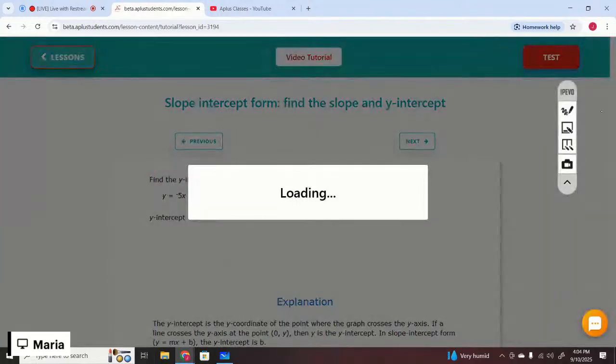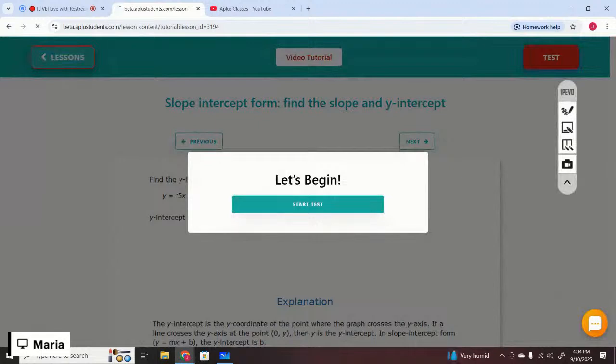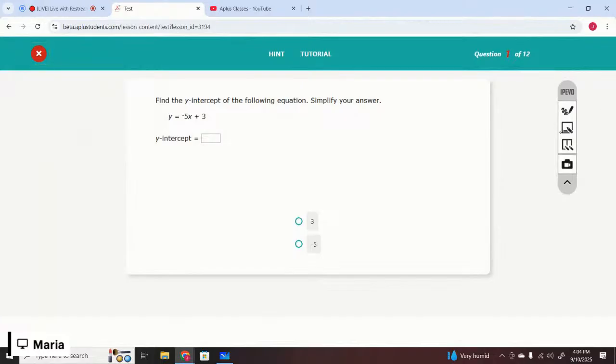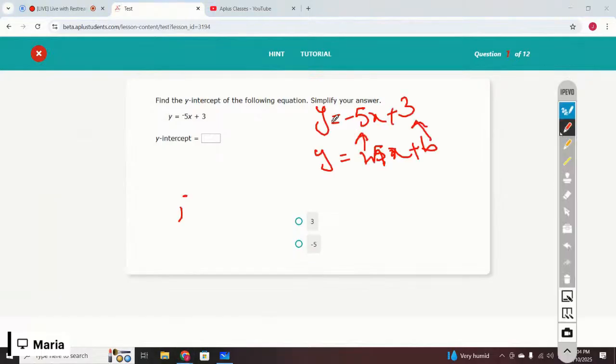Let's just start with the test questions. Find the y-intercept of the following equation.